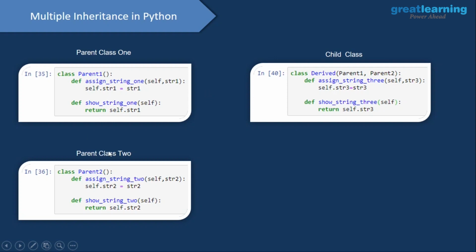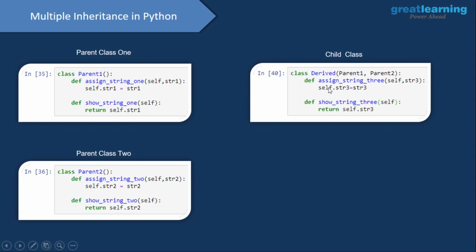Then I have parent class 2, and with the help of parent class 2, I am assigning the value of str2 first. Then I will go ahead and return the value of str2. Then I will have a child class. I will name this child class as a derived class. And this over here takes in two parameters, or in other words, this is inheriting from Parent1 and Parent2.